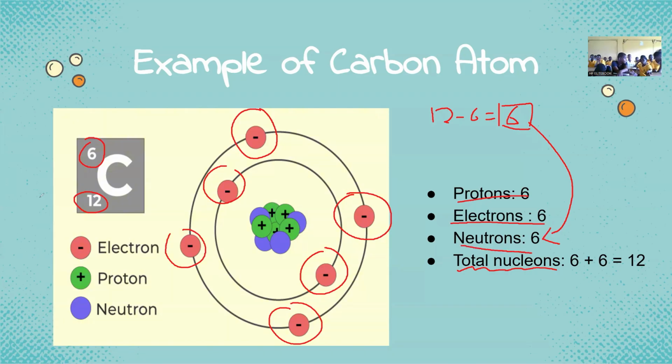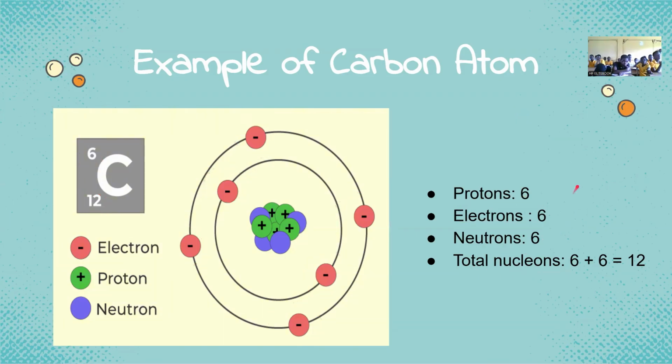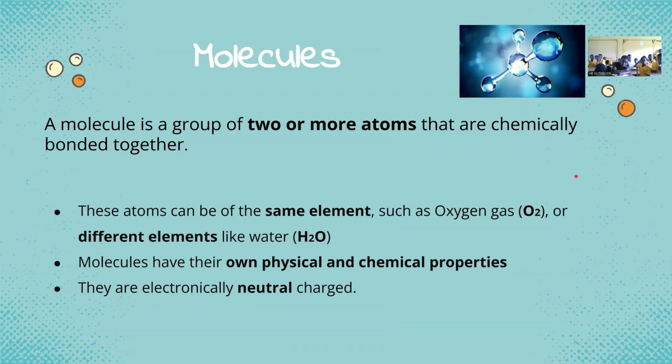That is how you find the number of protons, electrons, and neutrons. Proton number always equals the electron number, and you subtract the proton number from the atomic mass to get the neutron number.